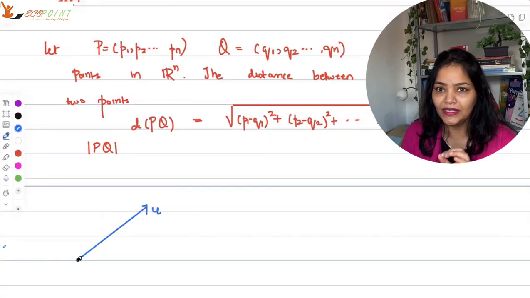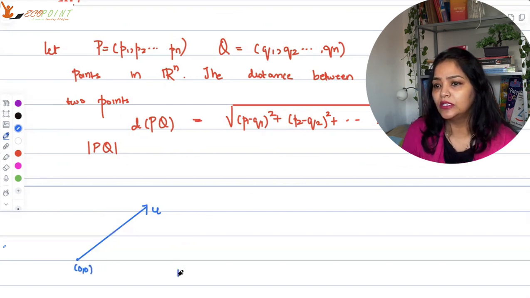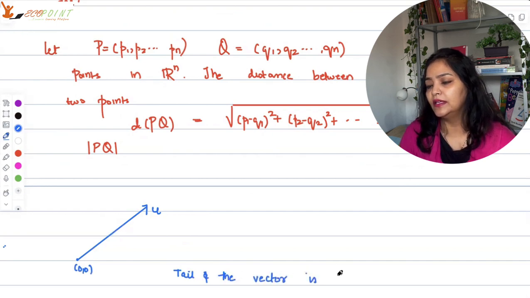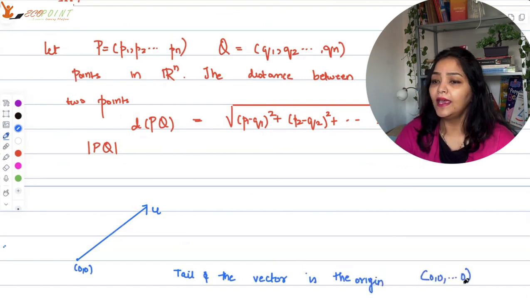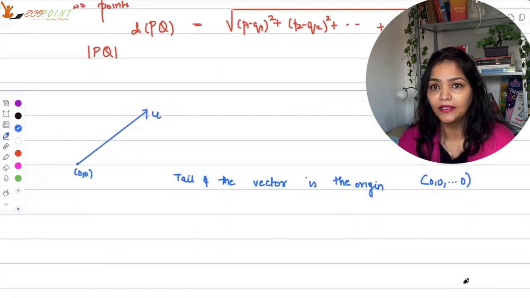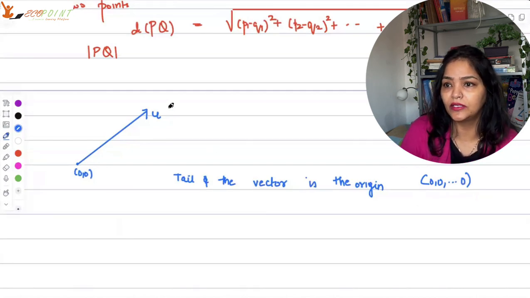So you always have its tail at a point which is the origin. It could be 0, 0, or 0, 0, 0, whatever is your origin. So tail of the vector is the origin. And therefore, when you define length of a vector, you define the length as a distance between the origin and the vector.